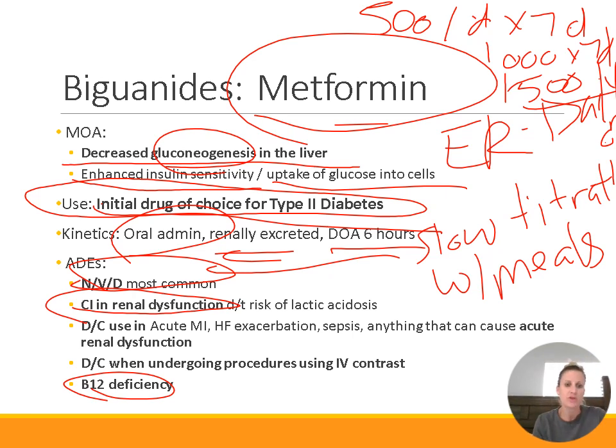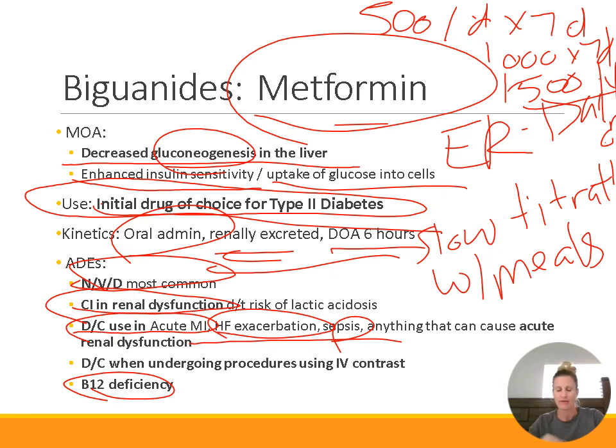Metformin use must be discontinued in patients who have acute MI, a heart attack or myocardial infarction, patients who are having heart failure exacerbations, patients who are experiencing sepsis. The reason for that is that any of these situations are situations where patients can have renal dysfunction occur.